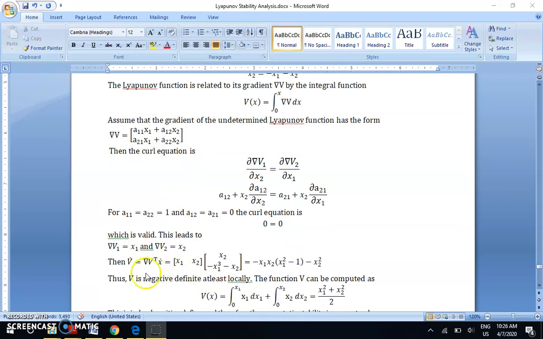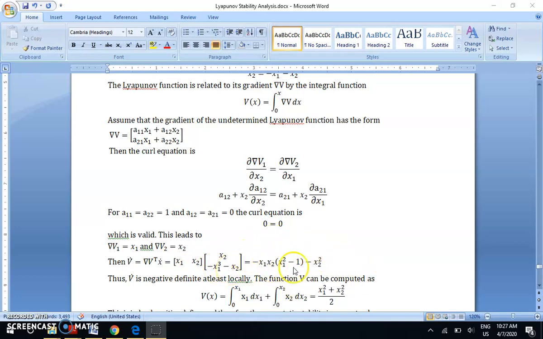And ∇v2 is x2. Now let us check if this selection of coefficients results in v dot of x being at least locally negative definite. So V dot of x is related to the gradient as follows. V dot of x is equal to ∇V transpose into x dot. That is [x1, x2] into x dot, which is x2 in the first element and minus x1 cube minus x2 in the second.